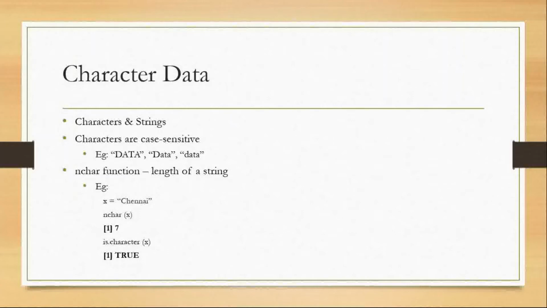In the example, Chennai is the string given to a variable x, and nchar returns the number of letters in the string Chennai. Its length is 7. Similar to is.numeric and is.integer, we have the is.character function. Since Chennai belongs to the character data type, is.character of x returns true.